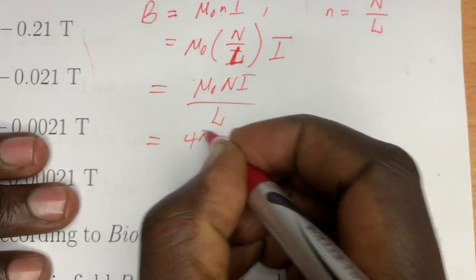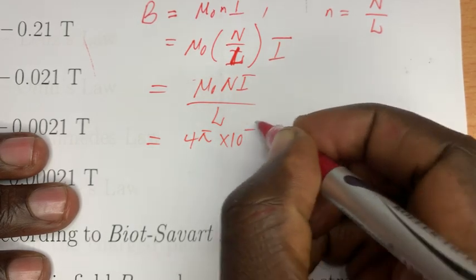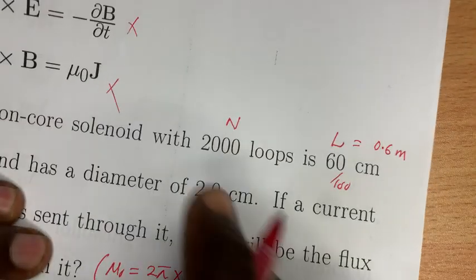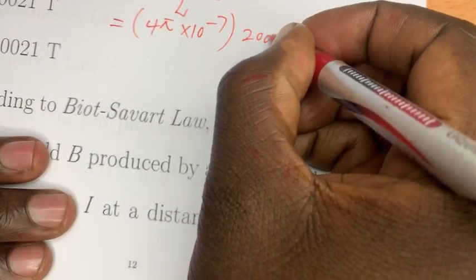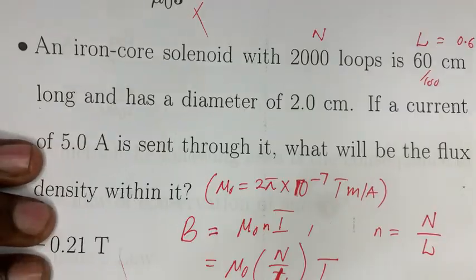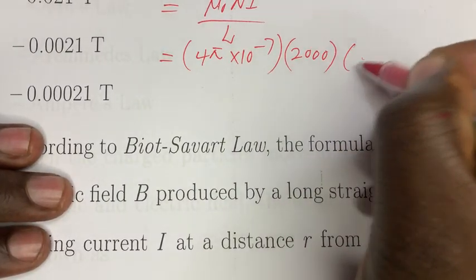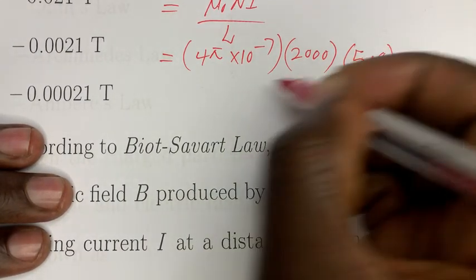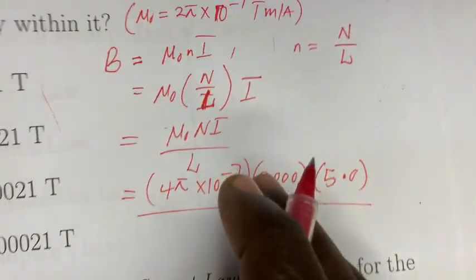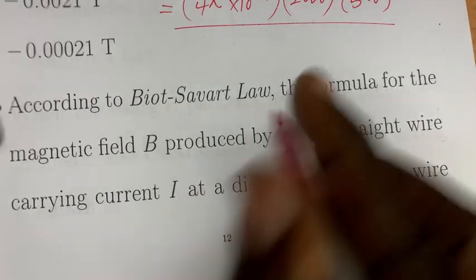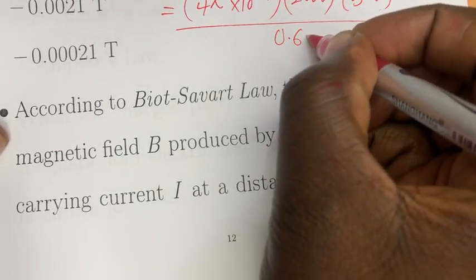This is 4 pi times 10 raised to the power of -7, and then N, the number of loops from the problem, is 2000, and I, the current flowing through it, is 5.0 amperes, divided by the length, which is 0.6 meters.